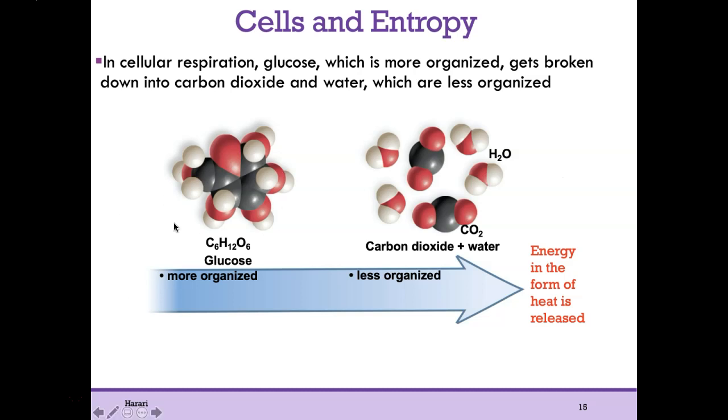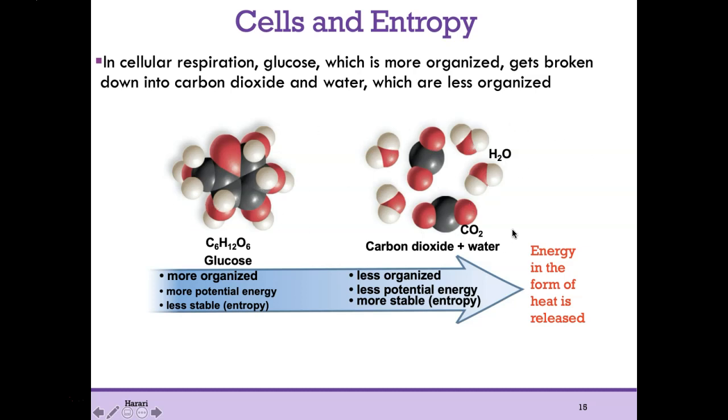So we're going from something that's more organized, with more potential energy and less stable, into something that is less organized, right? There's more disorder. More combinations of molecules here. This has less potential energy.